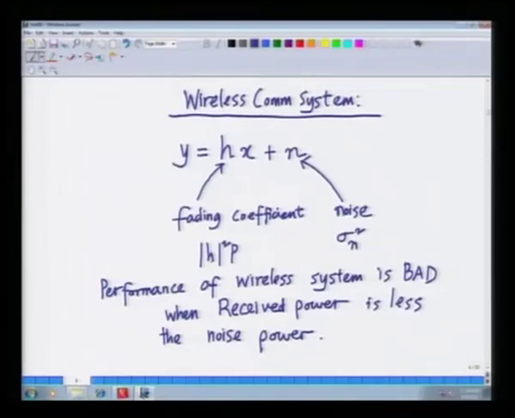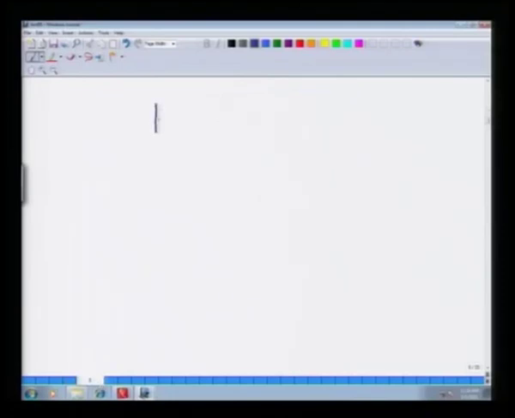We can say the performance of the wireless system is bad when the received power is less than the noise power, which means the received power is norm h square times P, but magnitude of h is nothing but A. So, the received power is A square times P.